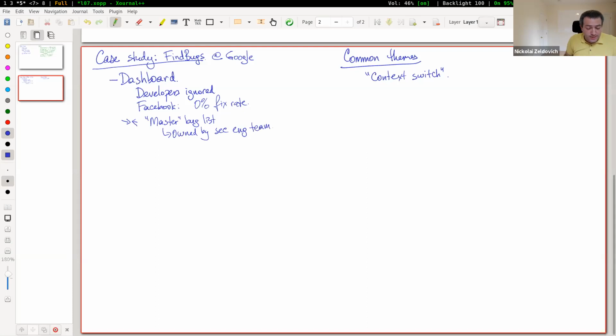Those guys actually care about it, partly because the security engineering team worked closely with the analysis group to produce a master bug list that they think is valuable for them. It really helps them find security issues. So this team looks at this list and uses it to find likely bugs they should go after, and then they jump in and try to figure out what to do with the bug once they've spotted it.